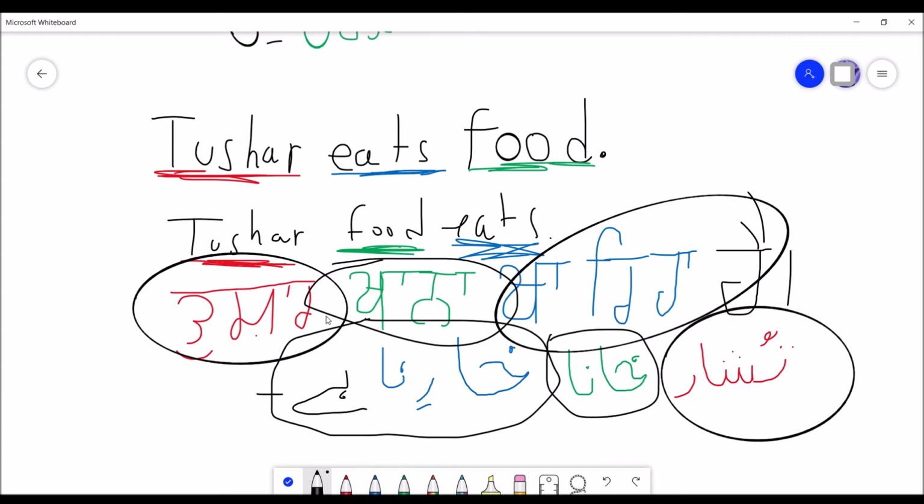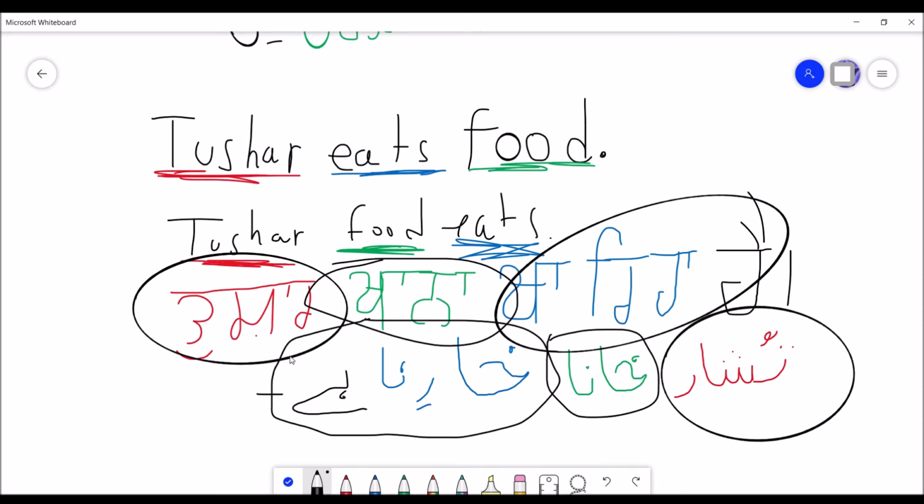But you would have to put a comma afterwards, and then it would be khana kha reha hai, Tushar, not khana kha reha hai Tushar. That's just weird. And then you could also say kha reha hai khana. You could say kha reha hai khana Tushar, meaning eating food is, so eating food Tushar.